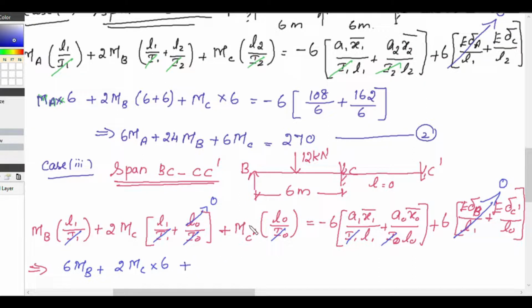The MC dash term becomes 0 since it is an imaginary span, so this is equal to minus 6 into A1 x1 bar by L1.